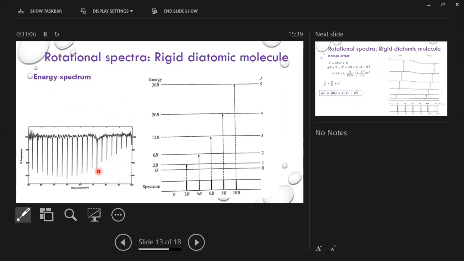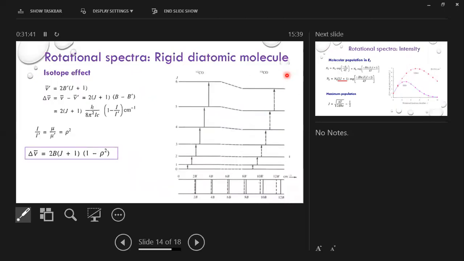Why is the intensity of these rotational bands different? No, we are only considering the rotational energy levels of the molecule as a whole, not the electrons. These are rotational energy levels of the entire molecule.